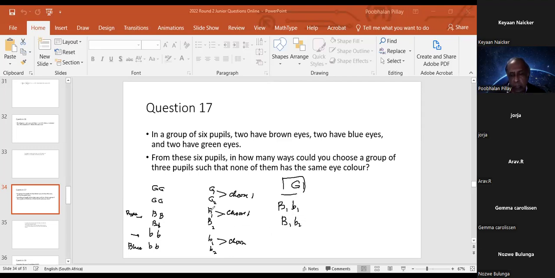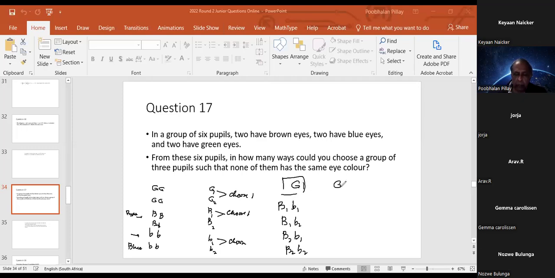I can insist on B1 being one of them, or I can insist that B2 is one of them, and then B2 and the other. So these are the only possibilities that you have of choosing one from here and one from there. Right? So there are 4 with G1.